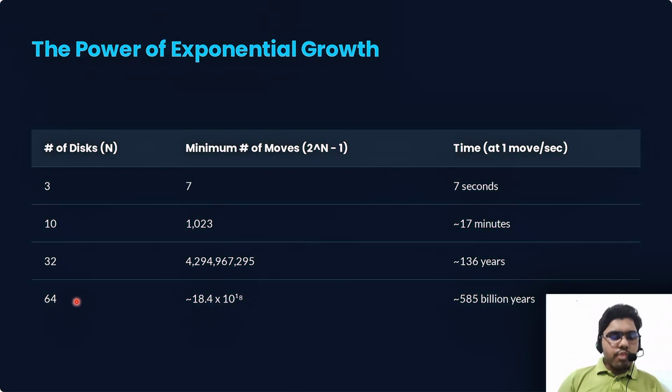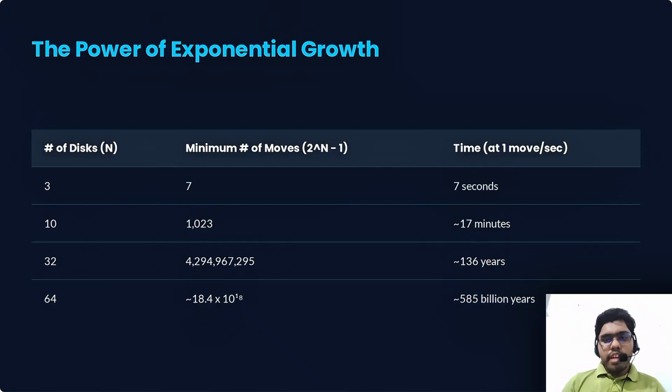64 disks: minimally 18.4 quintillion moves, that's 585 billion years. Look at that. There's a legend that monks are working on this puzzle with 64 golden discs in a temple, and when they finish, the world will end.